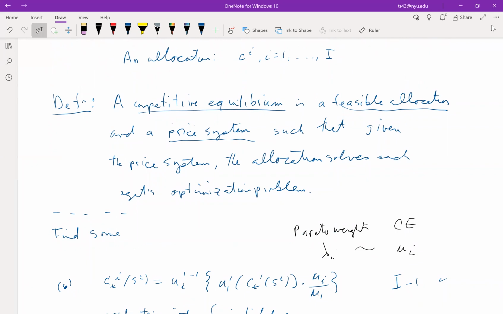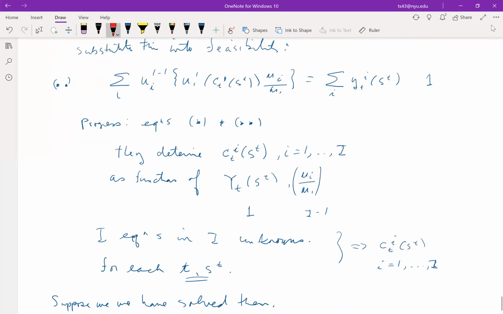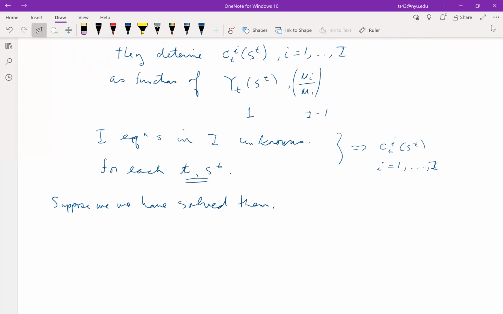A competitive equilibrium is a feasible allocation. Well, we figured out we have an algorithm for solving that, and a price system. And we haven't computed the price system yet. So we're not quite done. So now let's go after the price system. We must find the price system.